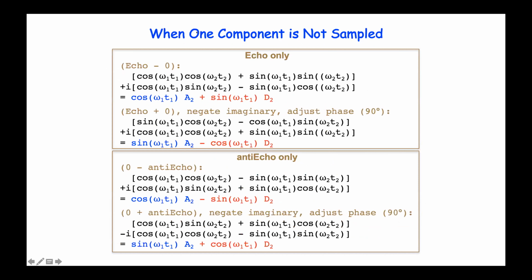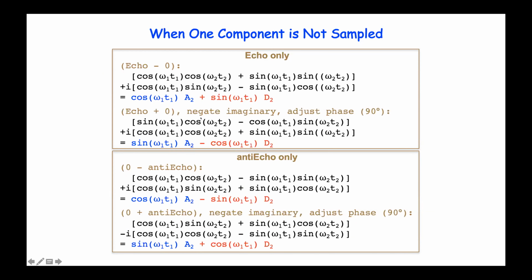But when one component, either echo or anti-echo, is missing, you still do the recombination, the shuffling. But in the end, the problem is that your spectrum still has purely absorptive and purely dispersive components, okay?